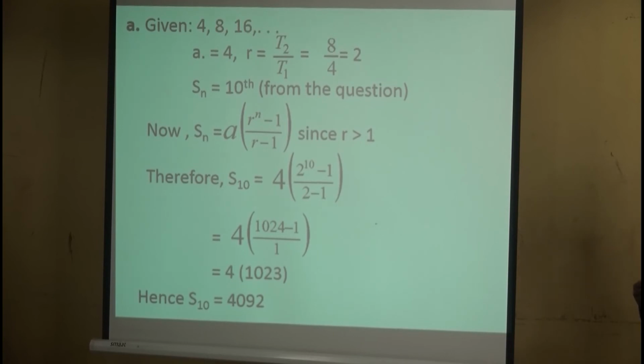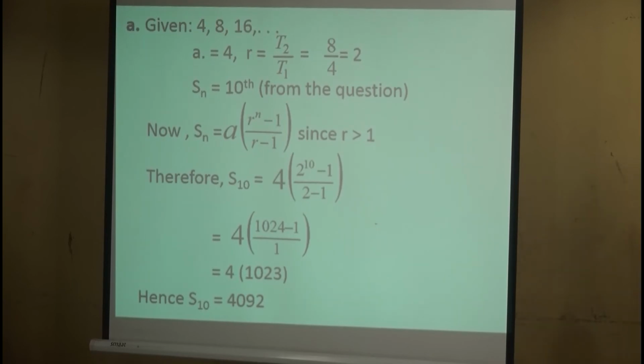Now, deduce the formula. Sum of n terms is A, open bracket, R raised to the power n minus 1, divided by R minus 1, because our common ratio is more than 1. As you can see, the common ratio is 2.